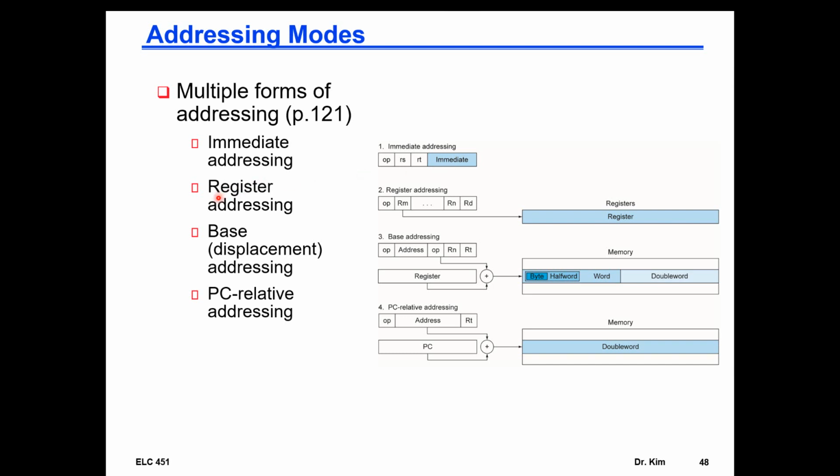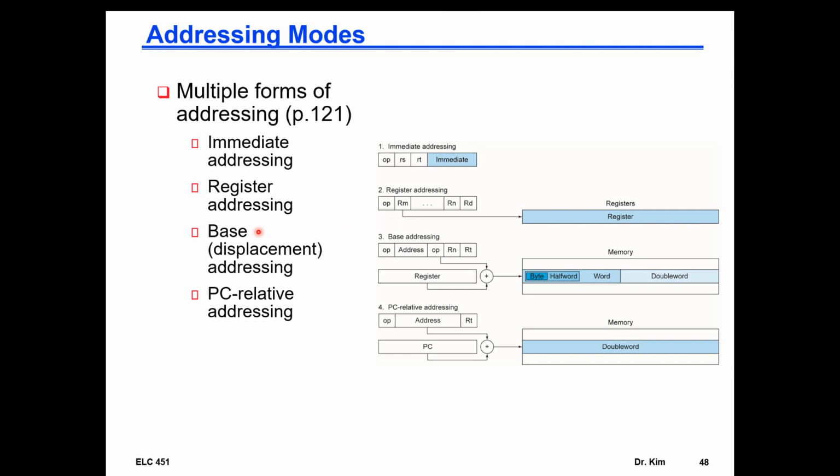Then we have register addressing. That means that the operand is the content of a register in the register file. So that uses the register instruction format, but the same comment applies.